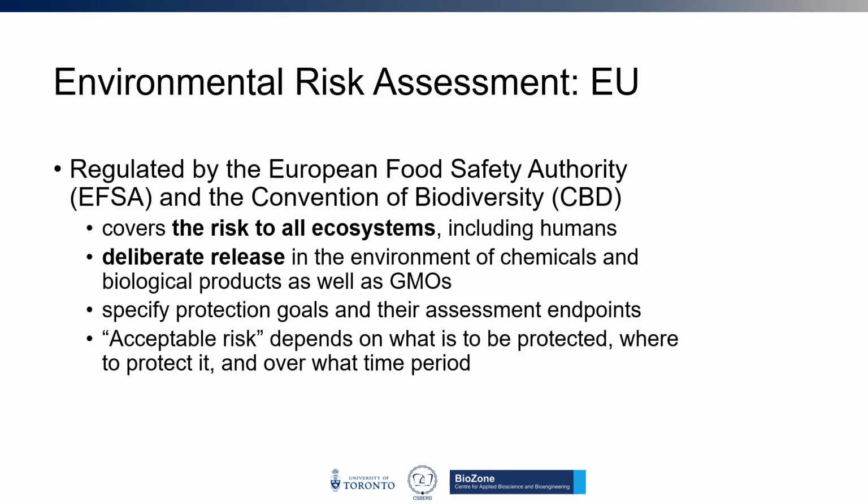So what should we strive to protect, to what extent do we need to protect it, and how are we going to assess whether those protection goals are achieved. That involves defining what acceptable risk is, so what risk level is acceptable to the environment and the ecosystem. The laws defined by the EFSA and the Convention on Biodiversity very much talk about what is acceptable risk, what is protected, and over what time period it is allowable.